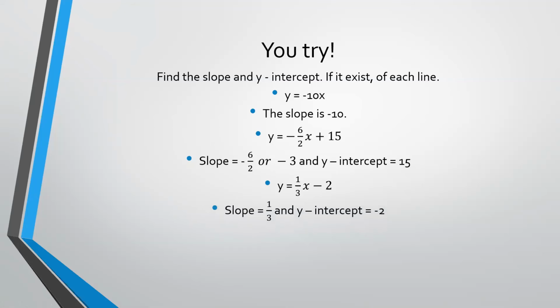So if you entered your slope as 1/3 and your intercept as negative 2, then you are correct. So if you entered your slope as 1 and your intercept as 9, then you are correct.